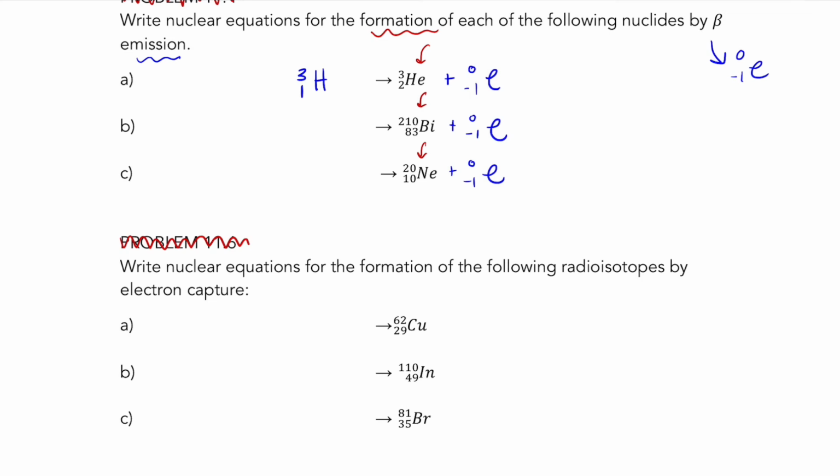The other two we probably won't know. So 210 plus 0 is 210. 83 minus 1 is 82. 20 minus 0 is 20. And 10 minus 1 is 9.